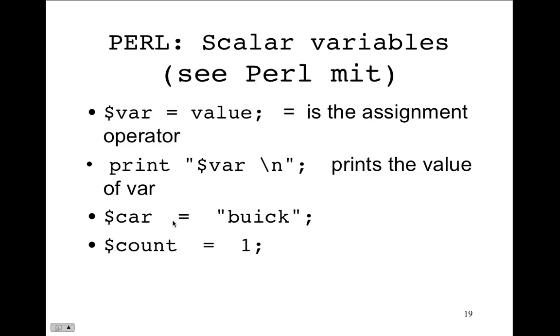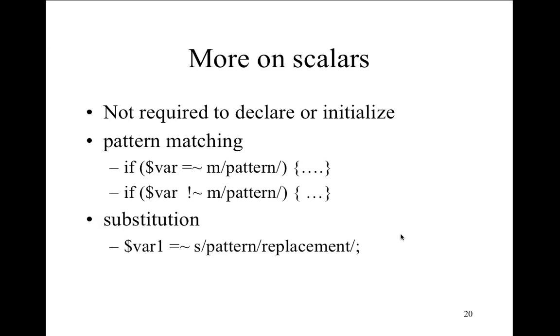And then I can say car is equal to this one here, print out the variable, and it prints the value of the variable with a line return at the end. The car is going to be equal to Buick. The count is going to be equal to 1. Just by glancing at this assignment, you can see that there's no type associated with any of it. So it's typeless. It's not required to declare or initialize. You can just say, hey, variable, where'd you come from?